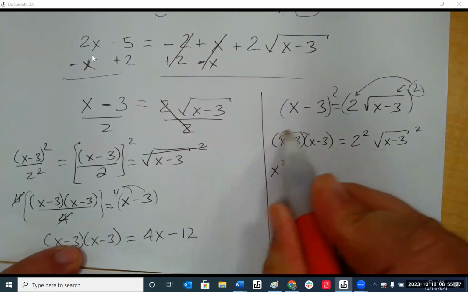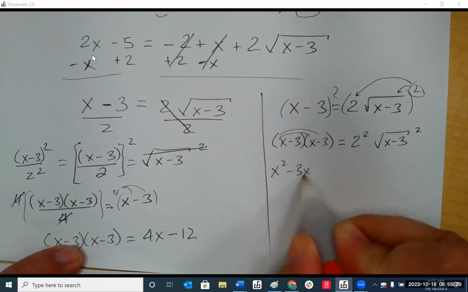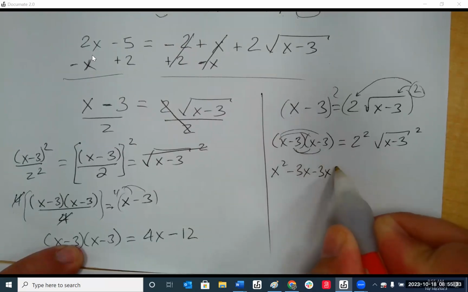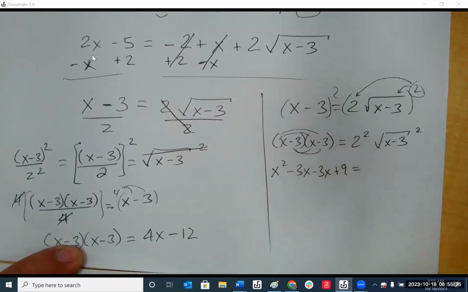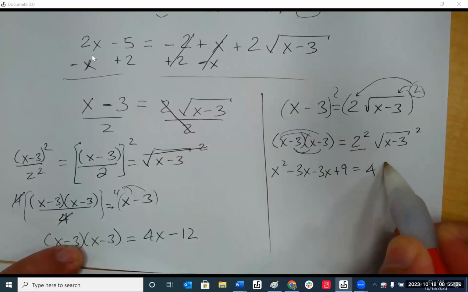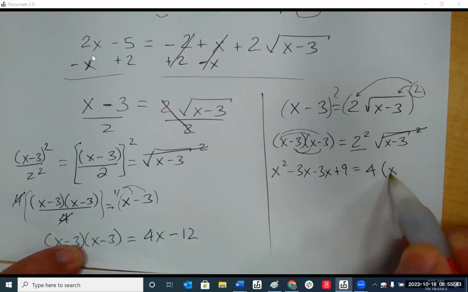We have x squared minus 3x minus 3x plus 9. 4 times, those two cancel, so it's x minus 3.